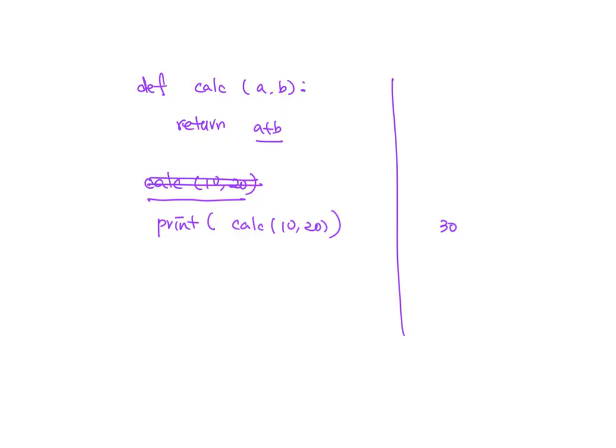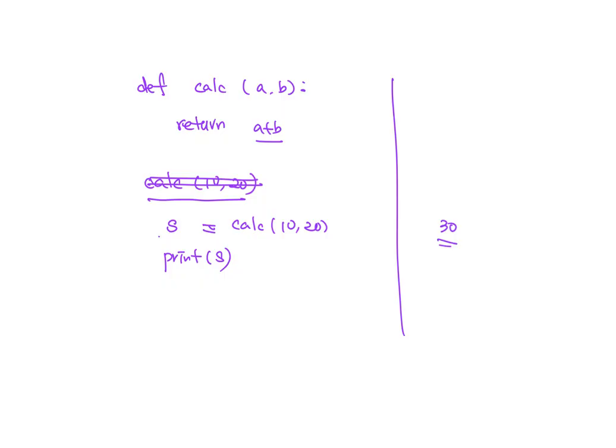If I define S with the value of calc of this, then if I have print S, this variable S will receive the value 30, and 30 will be displayed on the screen. So in this case, my function returns one value.